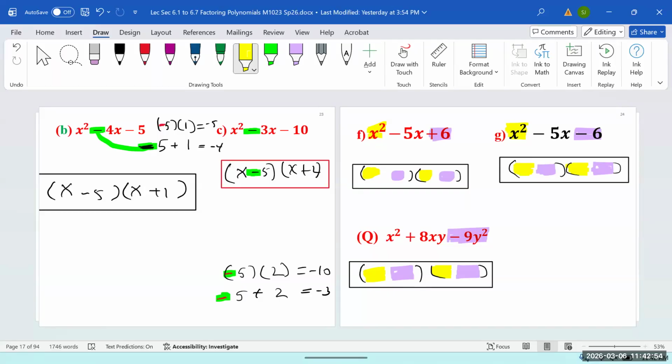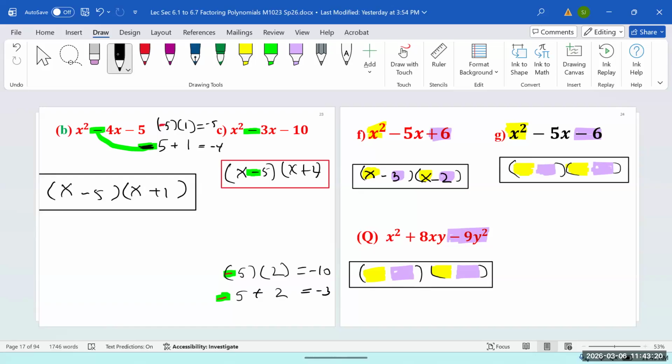Okay, F. x minus 3, x minus 2. So let's verify. Negative 3 times negative 2 is positive 6. Good. Negative 3 minus 2 is negative 5. Wonderful. Perfect.